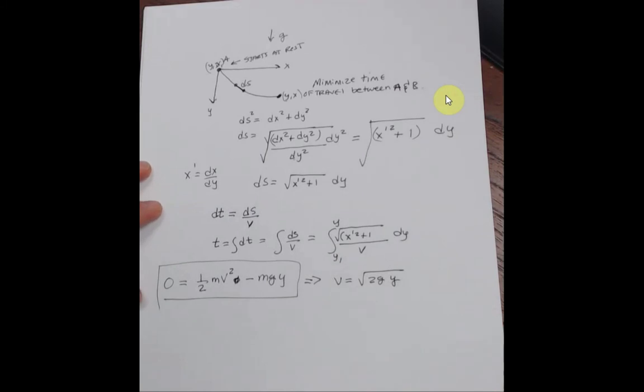So what do I have now? I have time is going to equal, going from y1 to y, square root of x prime squared plus 1 over the square root of 2gy dy. So this is my functional.